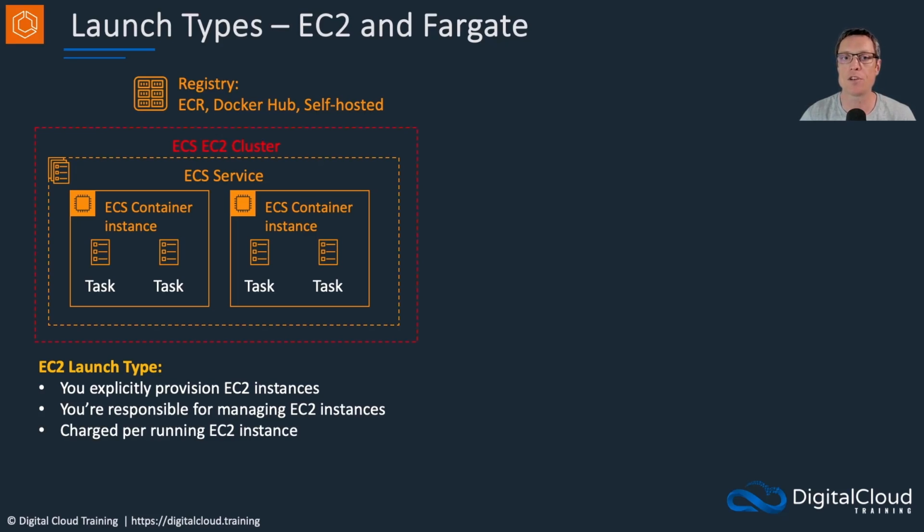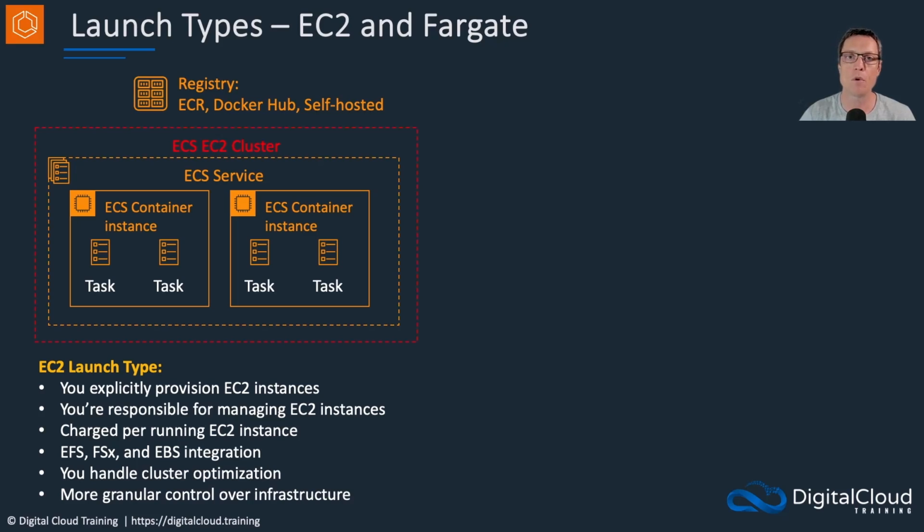So you don't get charged with the number of tasks running on the instance, you're just charged for the instance itself. So you've got to work out there whether that's more cost effective compared to the Fargate launch type. It supports EFS, FSx, and EBS integration for storage, so quite a few storage options there. And you're going to handle all the cluster optimization. So for example, scaling the container instances. But you get more granular control here over your infrastructure.